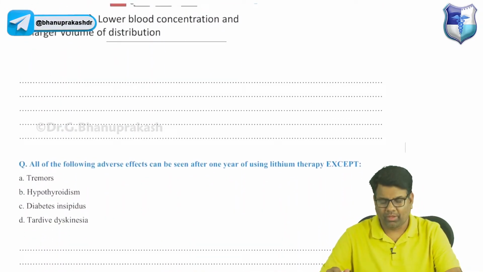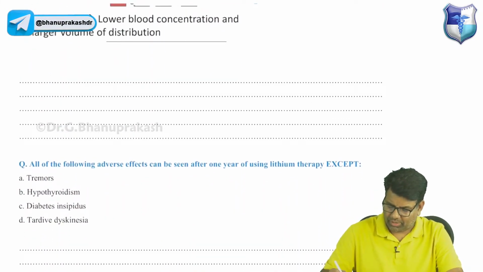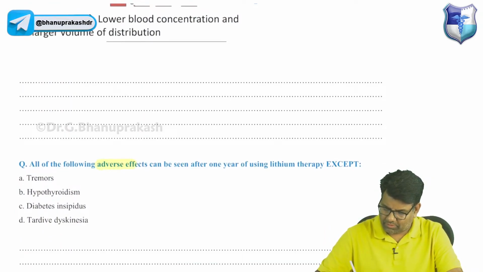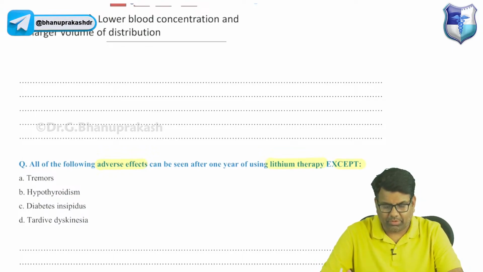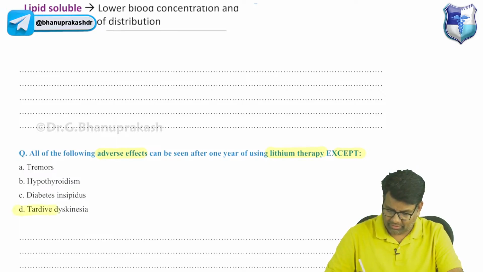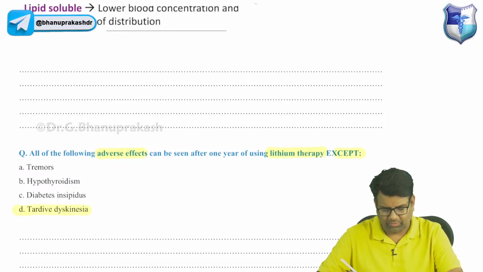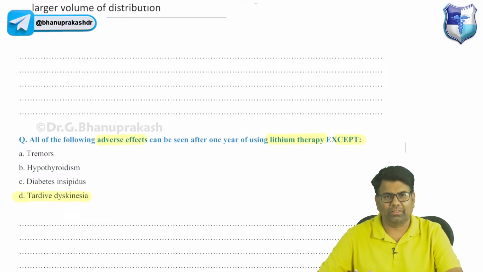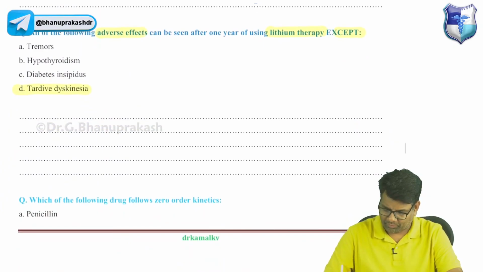Now, which adverse effect is not a feature of lithium therapy after 1 year of long-term administration? Yes, Rubik, you are right. The answer is tardive dyskinesia. We see tremors, we even see diabetes insipidus. So tardive dyskinesia has nothing to do with lithium therapy.